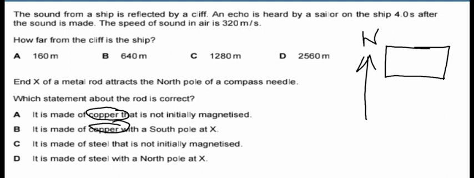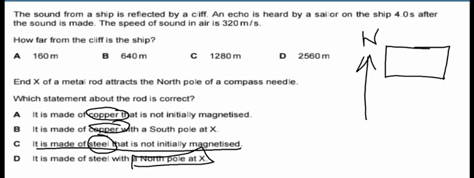Then C, it is made of steel that is not initially magnetized. Okay, so let's keep this one here. Steel is a good material for a magnet. It can be attracted to a magnet. Then D, we have, it is made of steel with a North Pole. Now, if this metal rod is made of North Pole here, what is going to happen? There will be repulsion here.